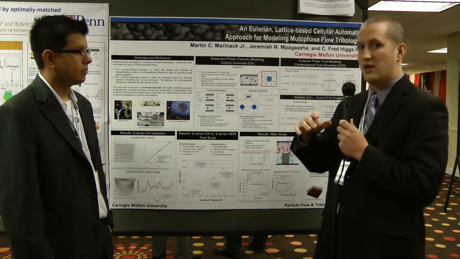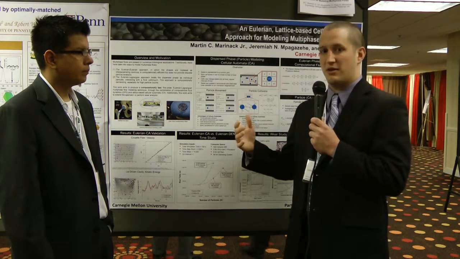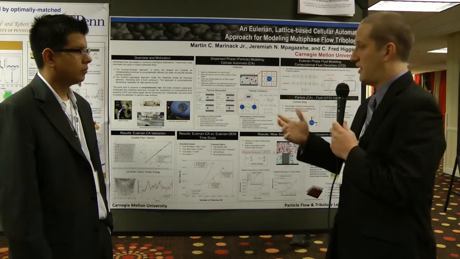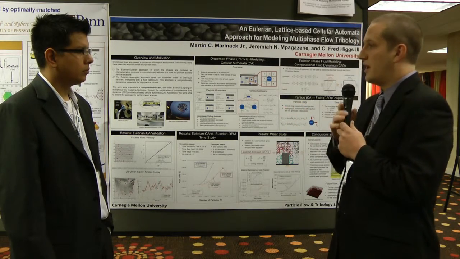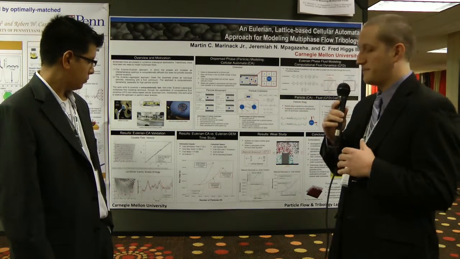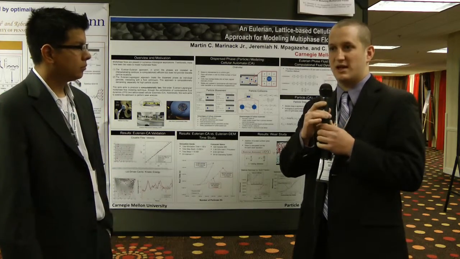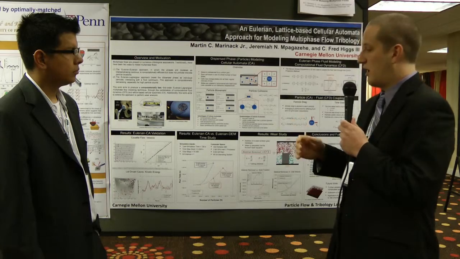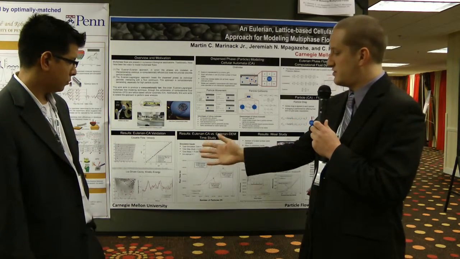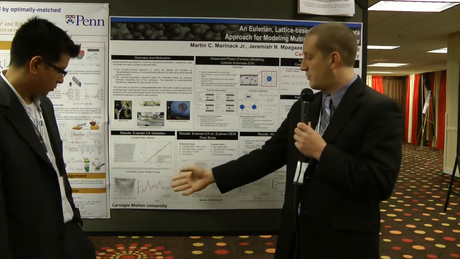So we're looking to combine CFD with a method called cellular automata to give some increase in speed for these modeling processes. By combining these two methods, computational fluid dynamics and cellular automata, we did some validation studies to show that we can produce some viable results.